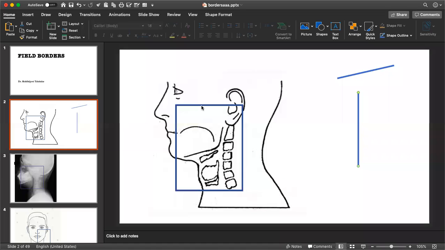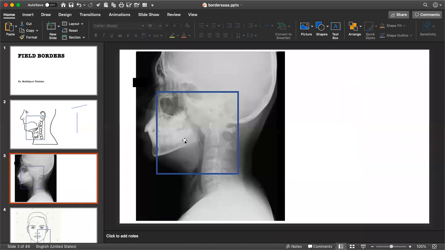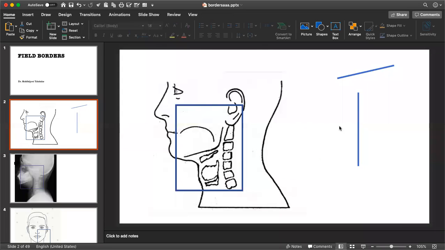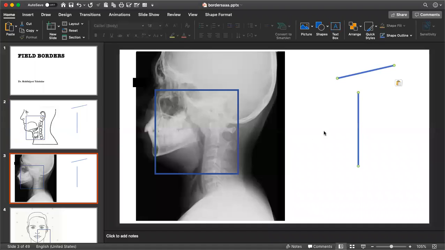It should be 2 centimeter above the cribriform plate. Your superior border should cover the entirety of the maxillary sinus.